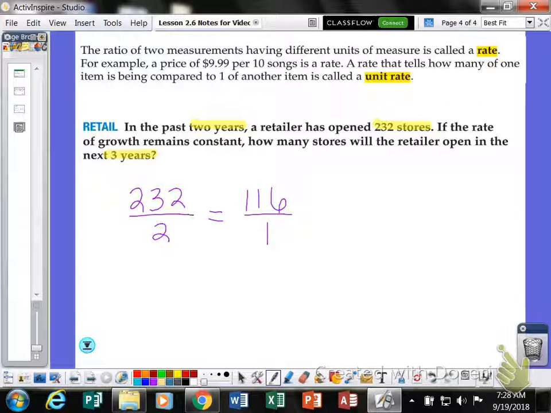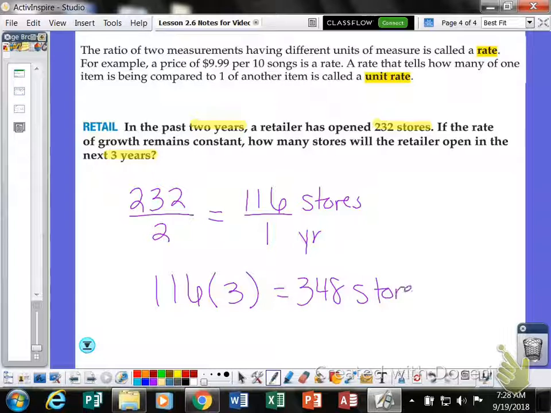So what this means is that 116 stores were opened every year. If this rate continues at 116 stores every year, we would take 116 times the next 3 years, and 116 times 3 is 348 stores. So we could expect, if that rate continued, that 348 stores would be opened. And that is it.